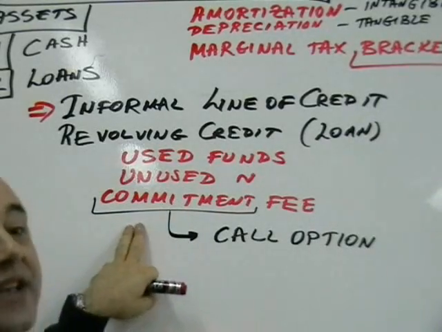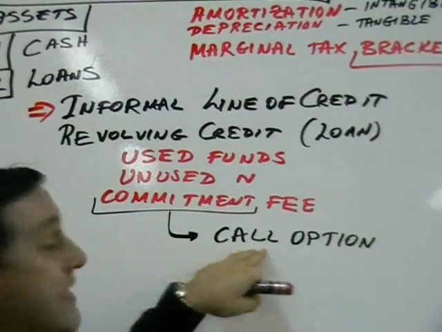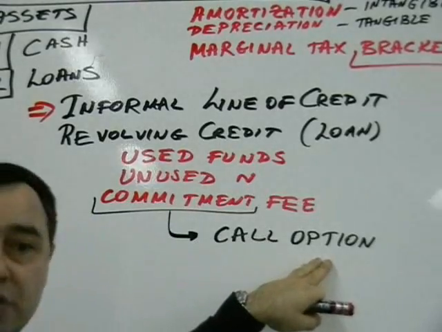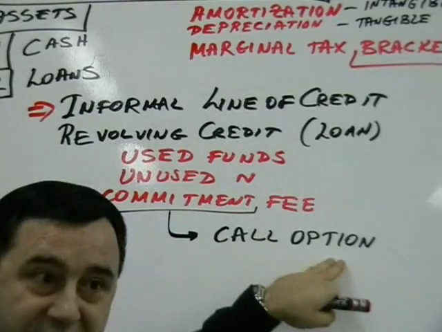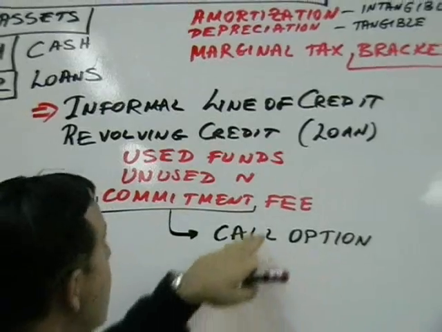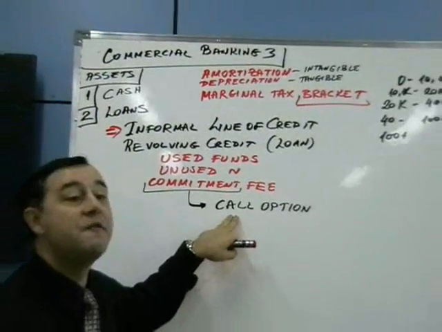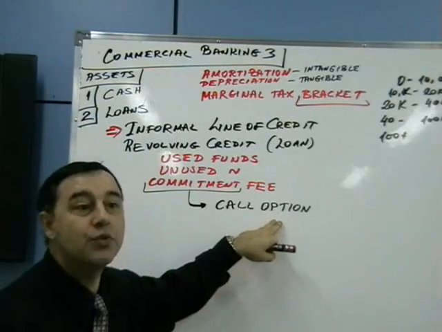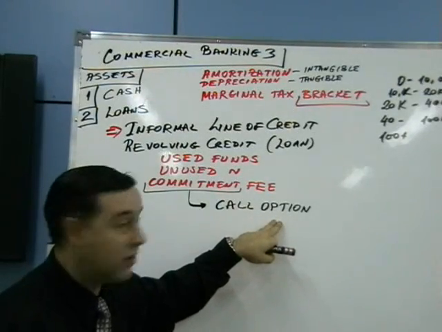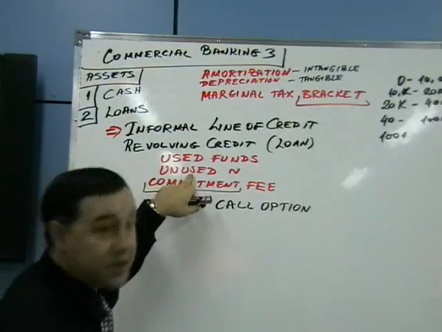The bank provides a call option, and the call option has a value. In other words, the fee represents for the bank the value of the call option which the bank collects. And this is the unused portion.